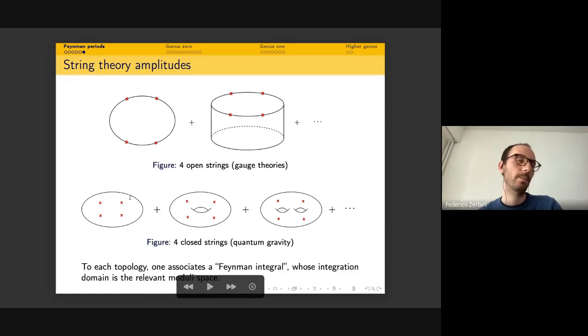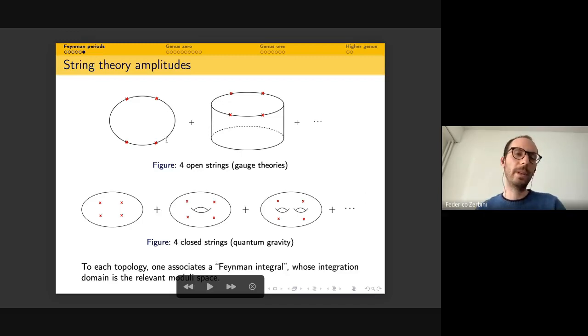You can think of this as some kind of Feynman diagrams, and to each of them you can associate a Feynman integral, and the integration domain of these Feynman integrals is the relevant moduli space for the topology you are considering. So, for instance, in the closed string case, the natural thing to do is to obtain Feynman integrals which are integrals over moduli spaces of Riemann surfaces with marked points. And so you will have genus 0 Riemann surfaces, then genus 1 Riemann surfaces, genus 2, and so on.